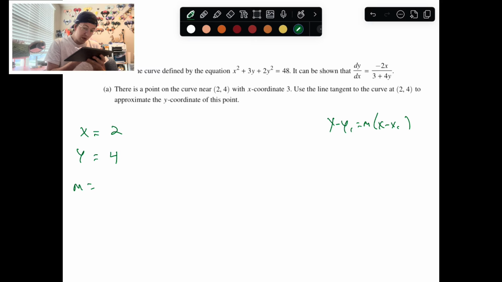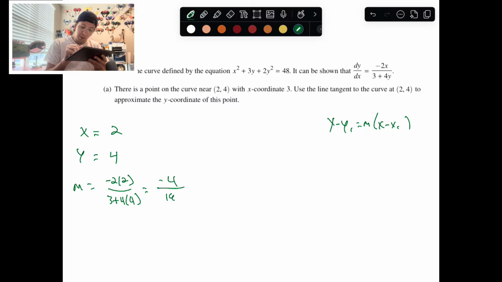So we are going to do negative 2 times 2 over 3 plus 4 times our y, which is 4. We then get negative 4 over 3 plus 4 times 4, that is going to be 19. So our slope at this point is going to be negative 4 over 19.